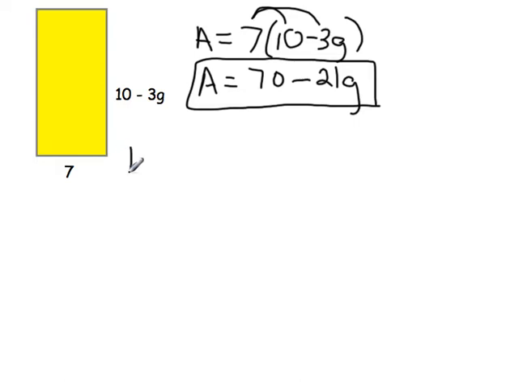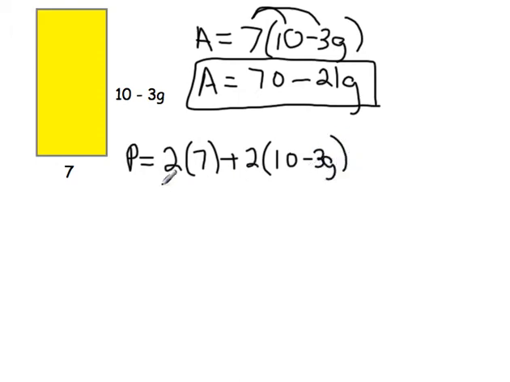Now we'll do perimeter. Again, we take twice the length, so I'm going to go 2 times the 7 plus 2 times the width, which is 10 minus 3g. Now to go from here, 2 times 7 is 14. Now we've got distributive property. Positive 2 times 10 is plus 20.